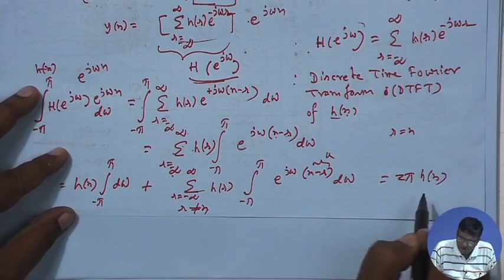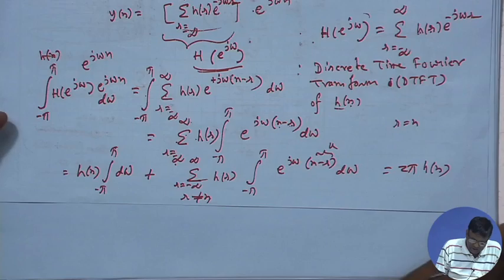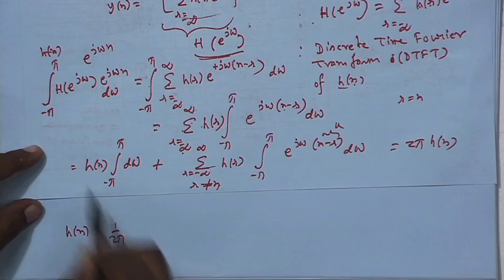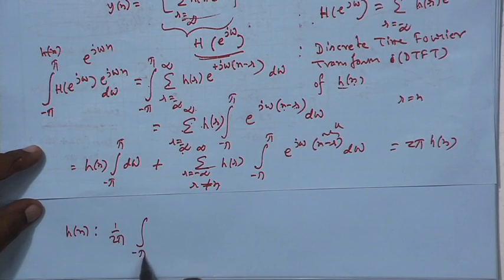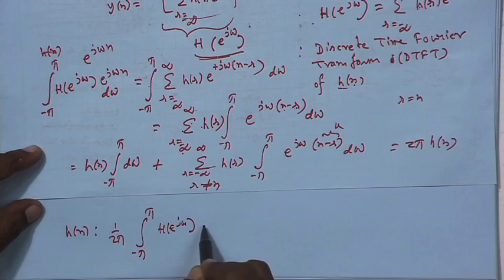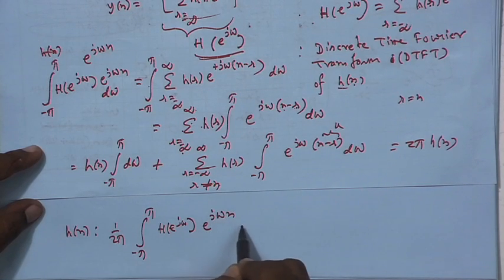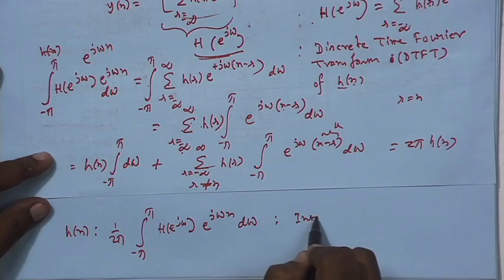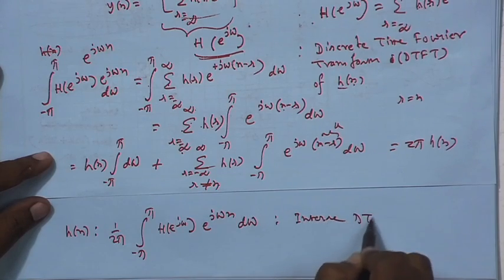h n, which means h n you can get back as one by 2 pi, then this side. This is called inverse DTFT.